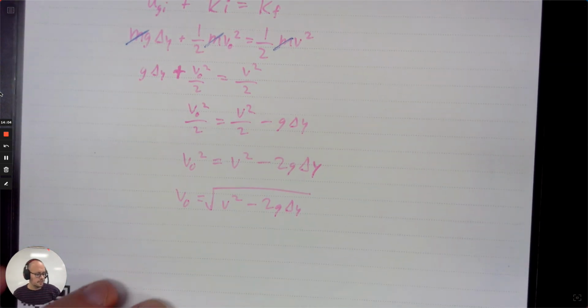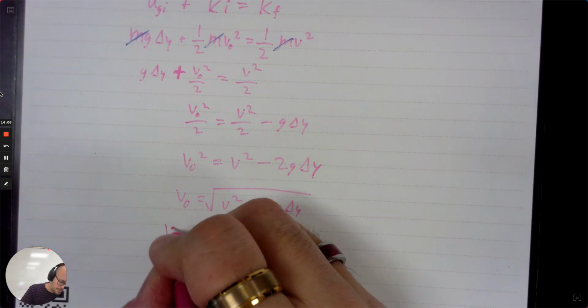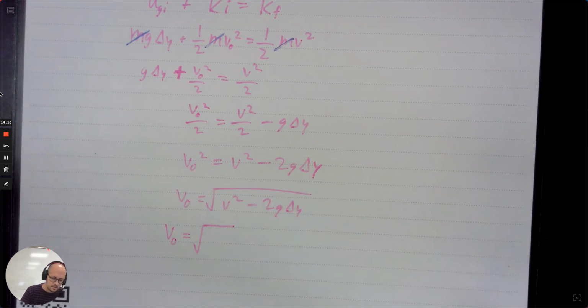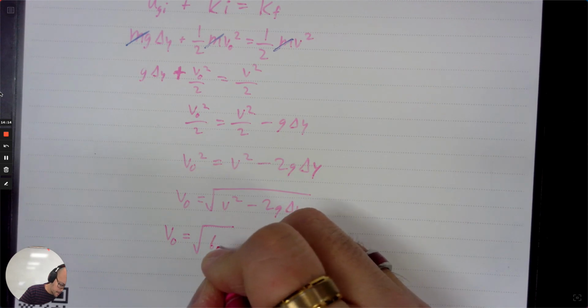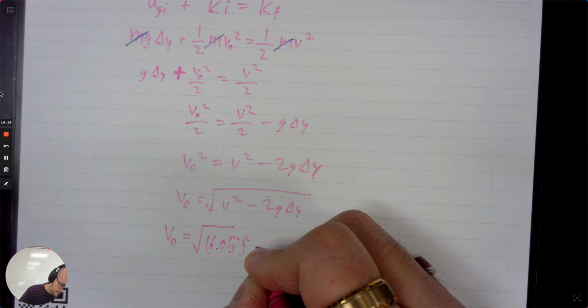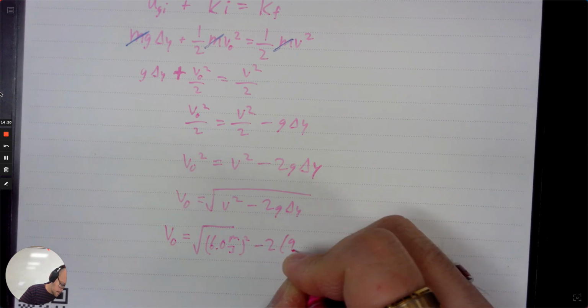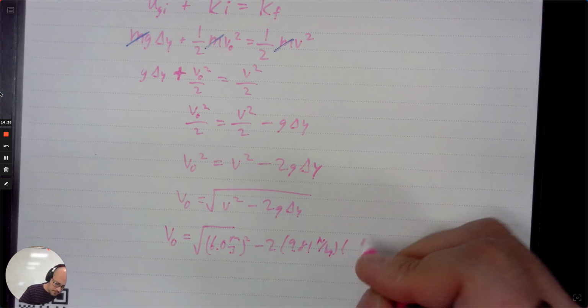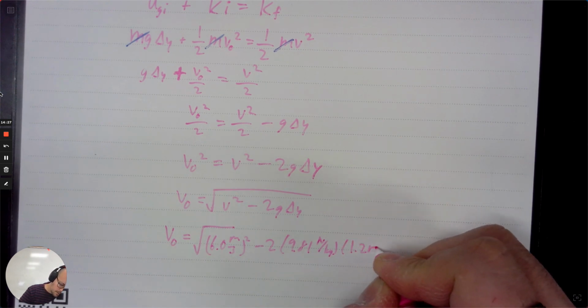Okay, so I know with these problem-solving videos, I'm going to try and give you different looks at algebra, so feel free to ask me about them. It hits the ground with a speed of 6 meters per second. So 6.0 meters per second, that gets squared, minus 2 times 9.81 newtons per kilogram, times 1.2 meters.